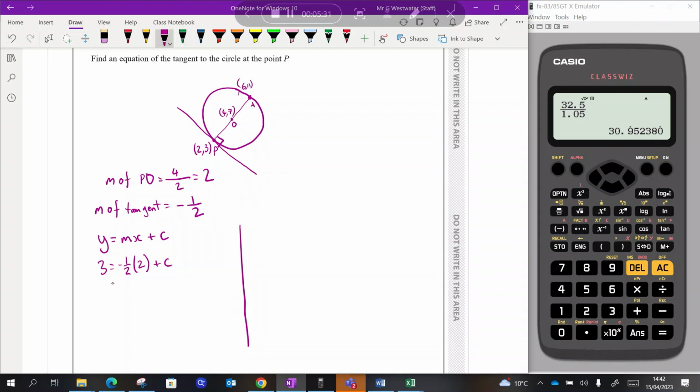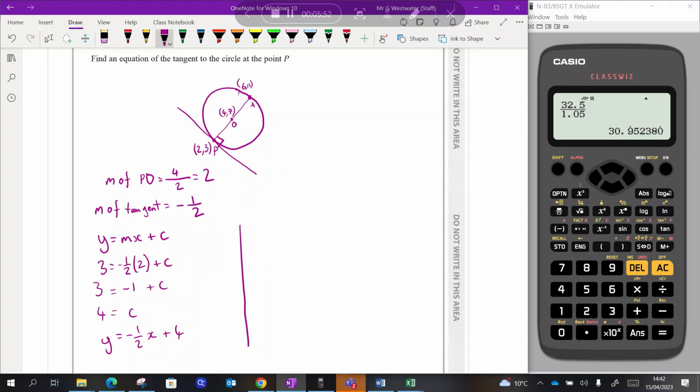Okay, so plug this in. This is going to be minus a half times 2 is minus 1, plus c equals 3, and therefore c equals 4, y equals minus a half x plus 4. And once we found that plus 4 out, I know where it goes.